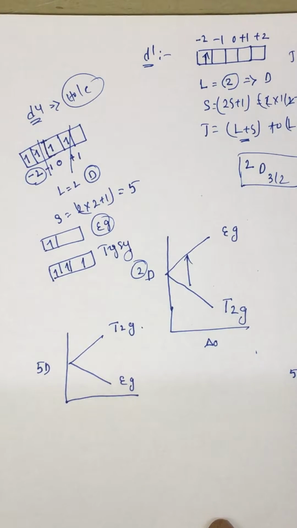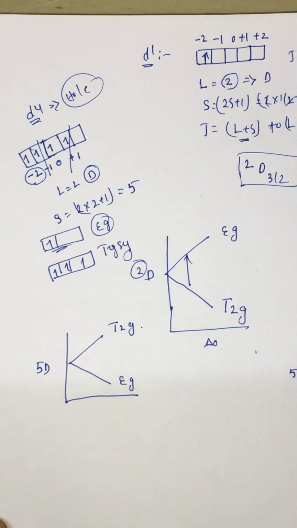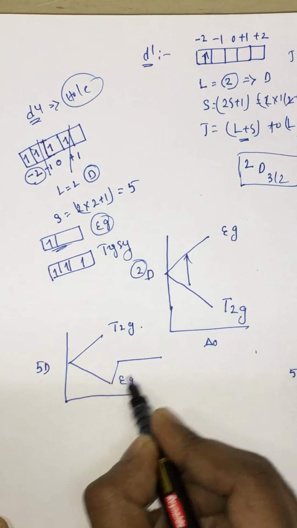So because of that, the Eg orbital further splits. Eg has an unsymmetry in nature, so it further splits into two energy states.